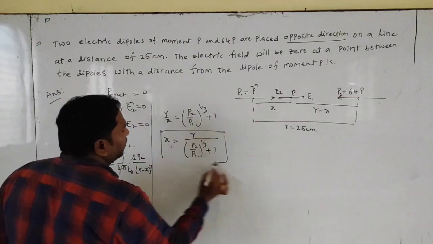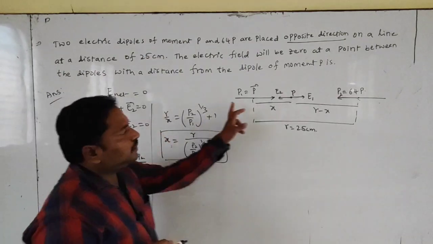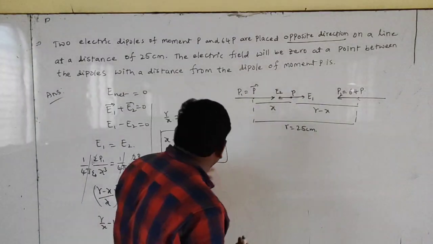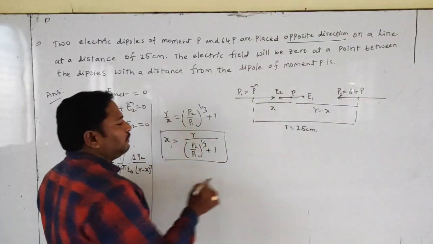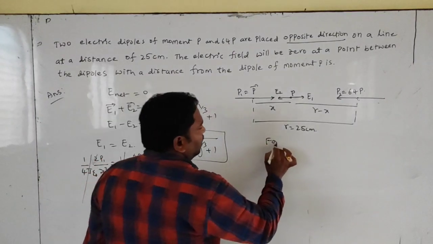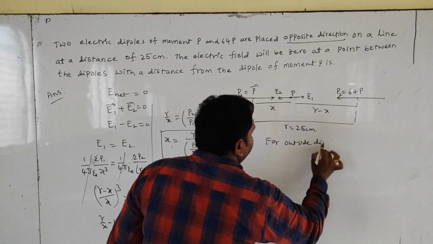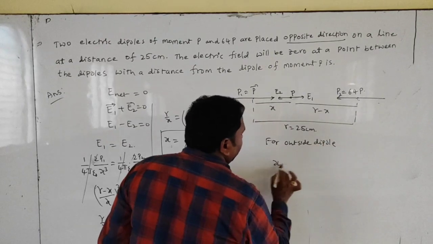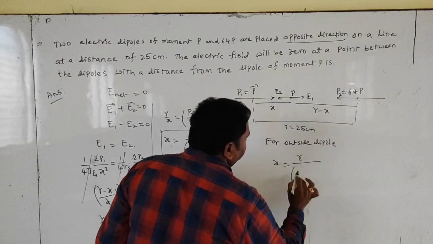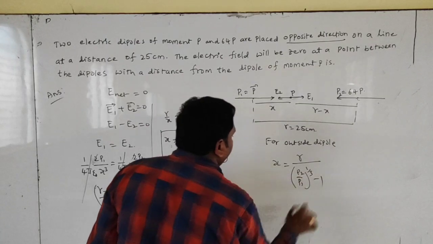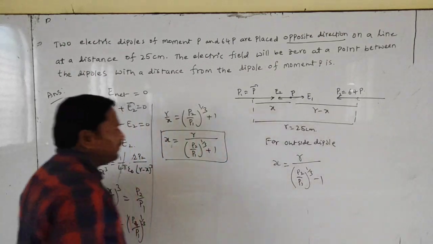This is the formula for a point in between the dipoles. If it is outside the dipoles, then it will come with a minus. So for outside the dipoles, what is the formula? x equals r by ((p2 by p1) whole power 1 by 3 minus 1). That is the formula.